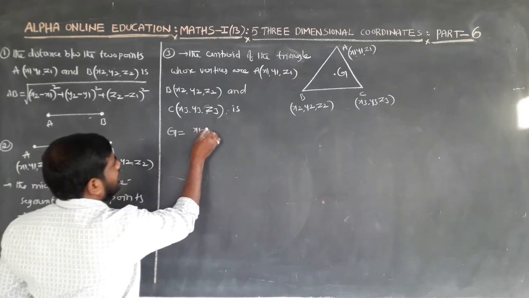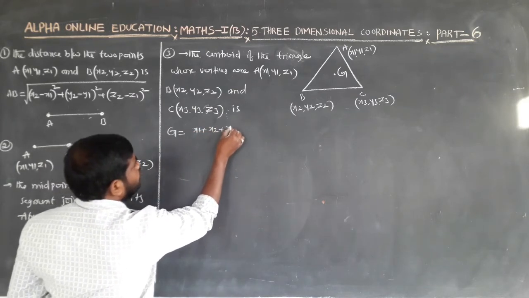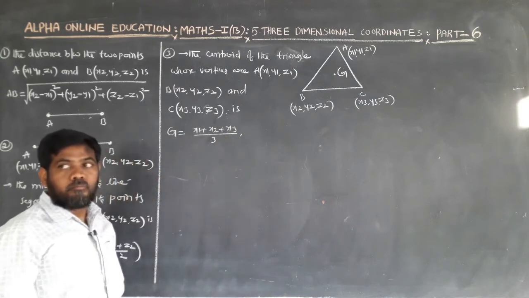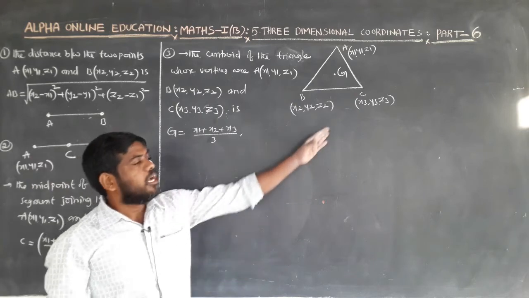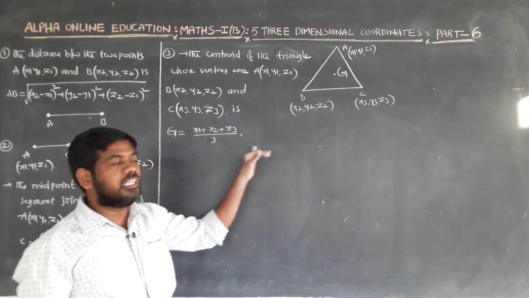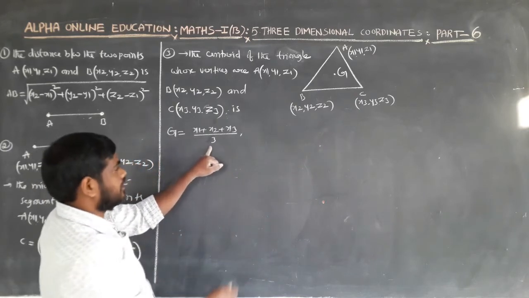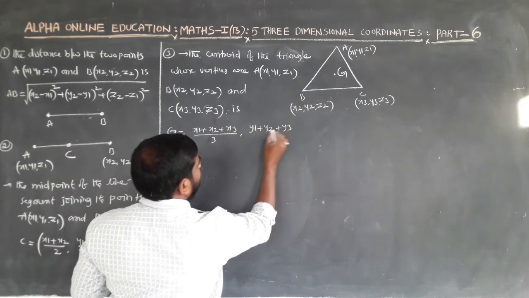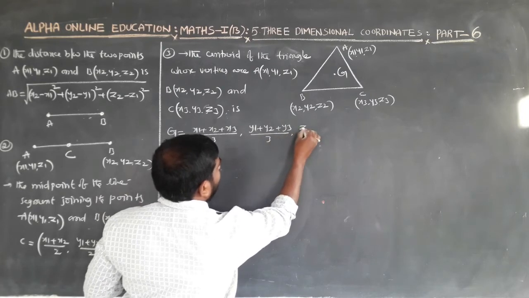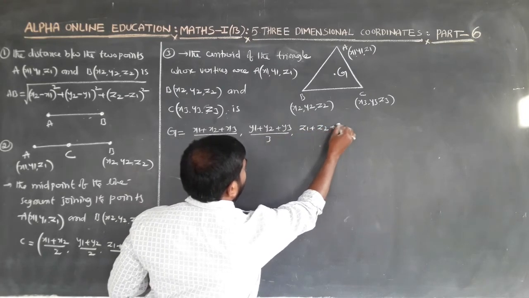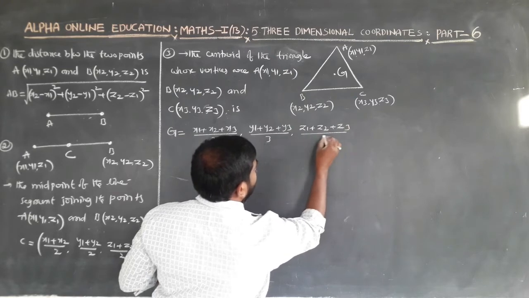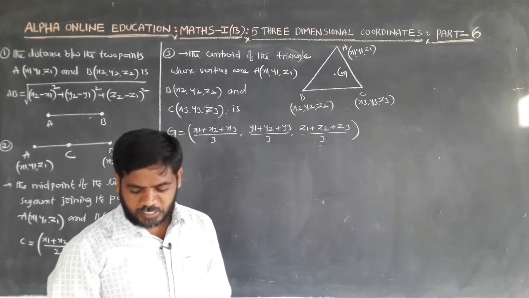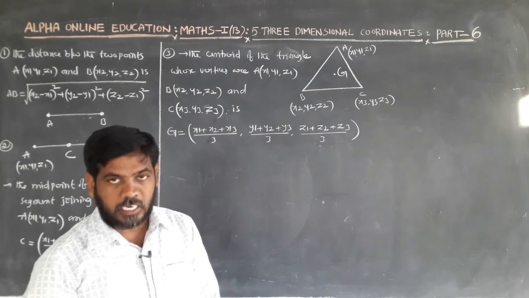The centroid of the triangle whose vertices are A x1 y1 z1, B x2 y2 z2 and C x3 y3 z3 is x1 plus x2 plus x3 by 3, comma y1 plus y2 plus y3 by 3, comma z1 plus z2 plus z3 by 3 is the centroid of the triangle.